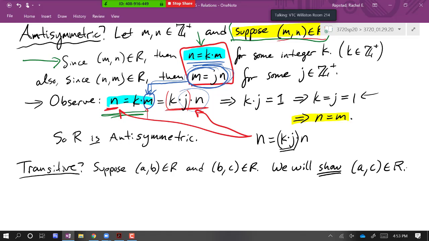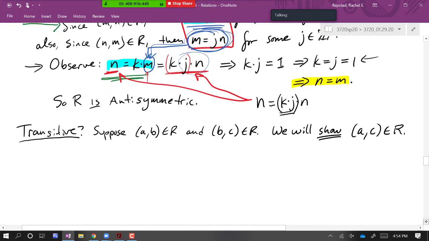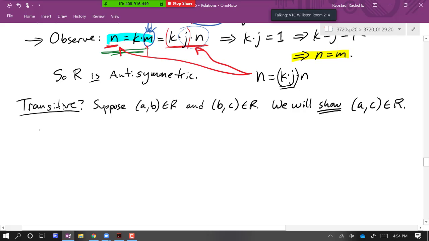So if A is related to B, then what does that give us?